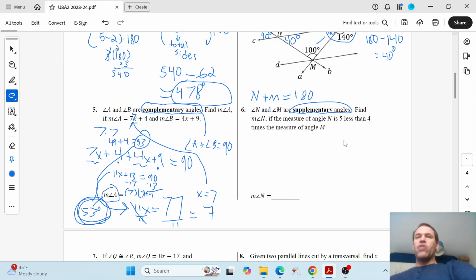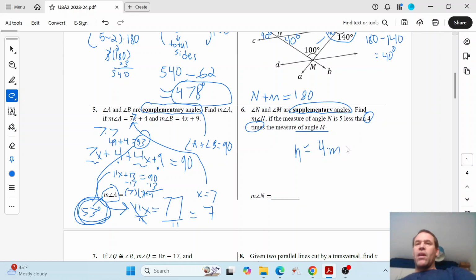But then you have to change angle N to be, let's see, it says angle N is 5 less than angle M. So basically N is equal to 4 times M, and then N is 5 less, or in other words, M is 5 more. Or you can minus 5 over and see that N is 5 less.